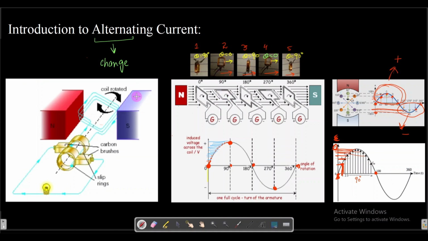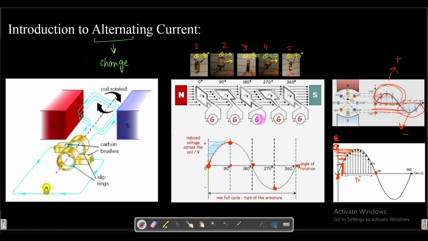So from here we conclude that the DC current does not change its magnitude and direction, but the AC current is changing its magnitude with each degree, and its direction is also changing.